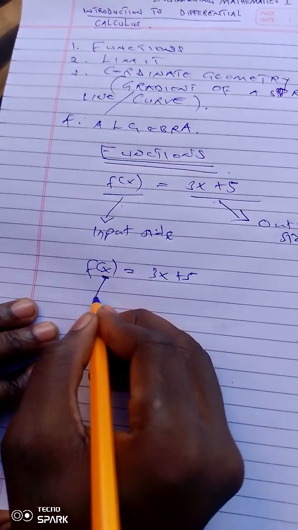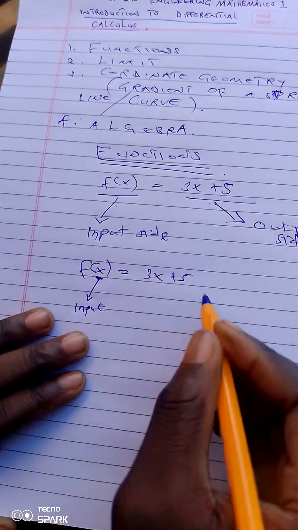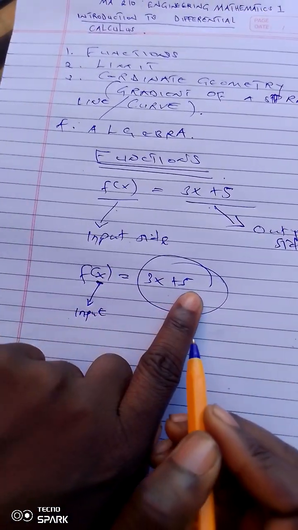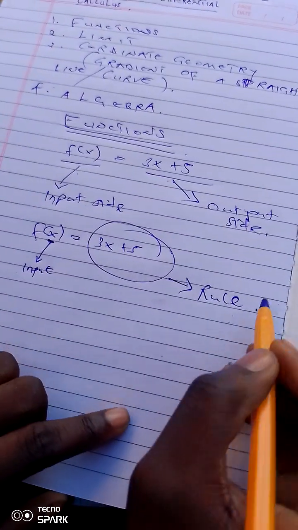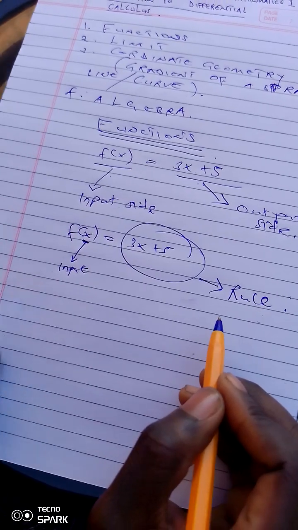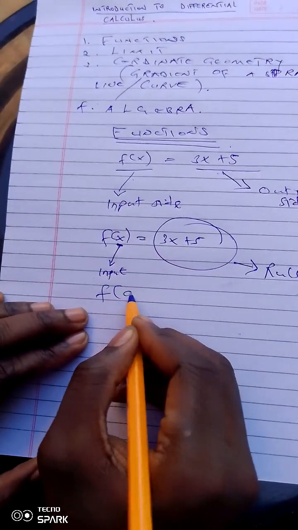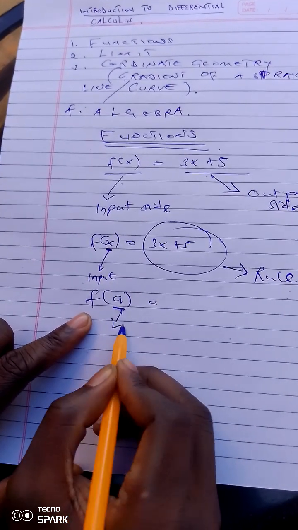Okay, so whatever is in the brackets here, it is what? Our input. Then this side here on the output side, we shall find a rule, a rule which is simply a manipulation of the input. So if I say f of a is equal to, it means that here my input is what? Is a.